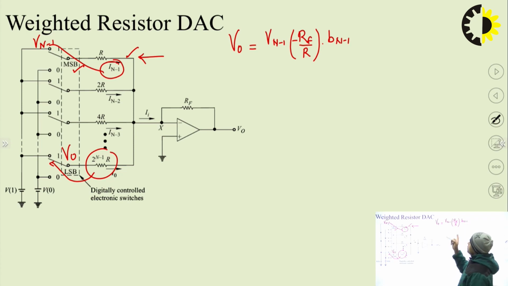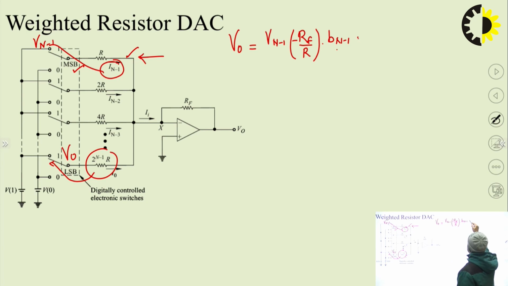That means if this Bn minus 1 is equal to 1, only then this branch will be producing some legit output which will be reaching this op amp's terminal. Otherwise, the overall effect of this branch will be 0 if this Bn minus 1 is equal to 0.